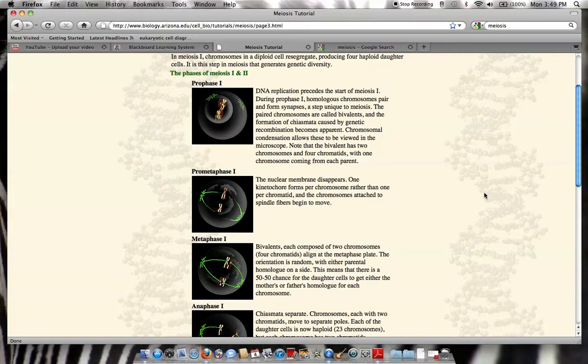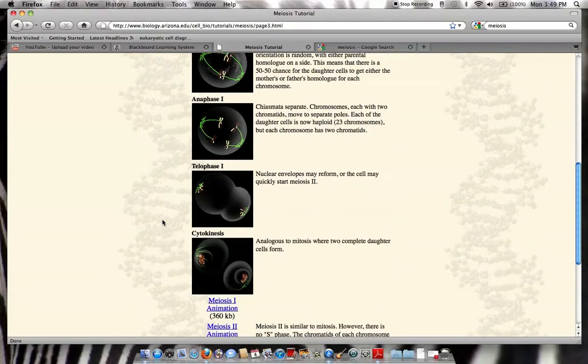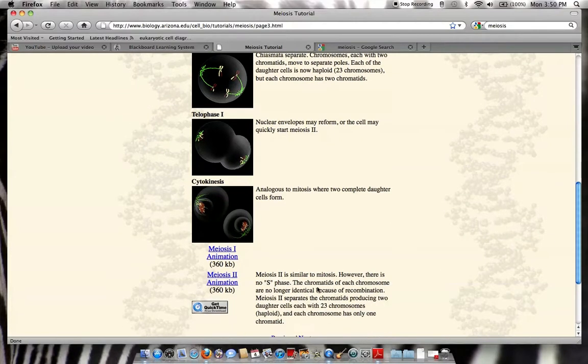And what is happening, first of all, is that the cell is going through one division here in meiosis 1, goes through all the different phases, prophase, metaphase, anaphase, and telophase. Then the cell divides. Then it goes through meiosis 2.